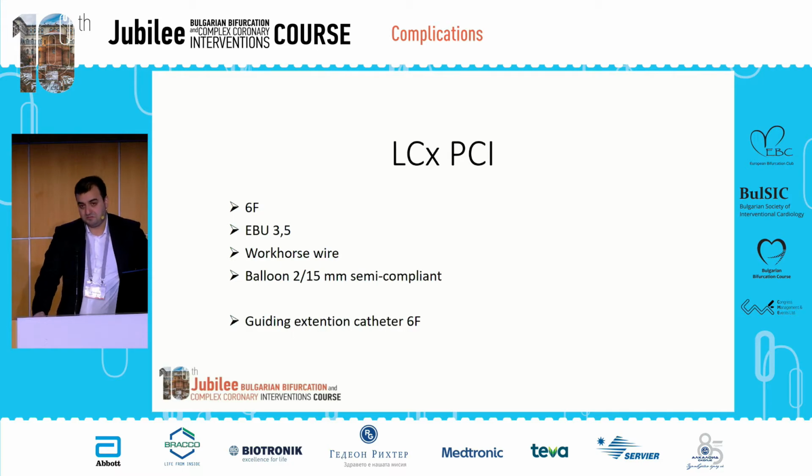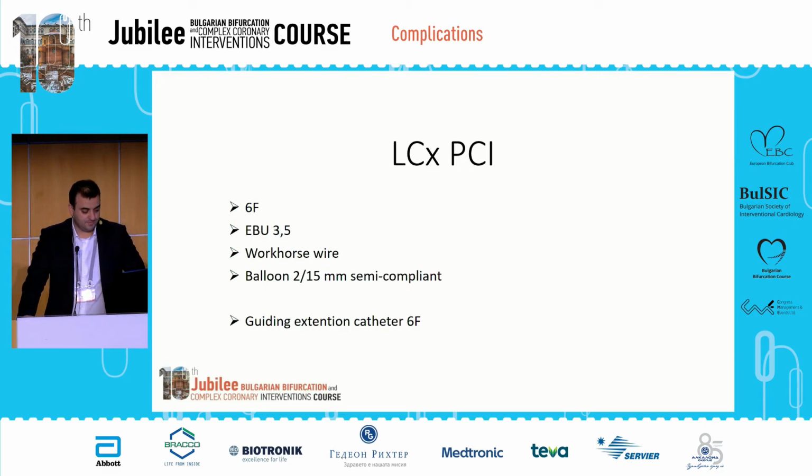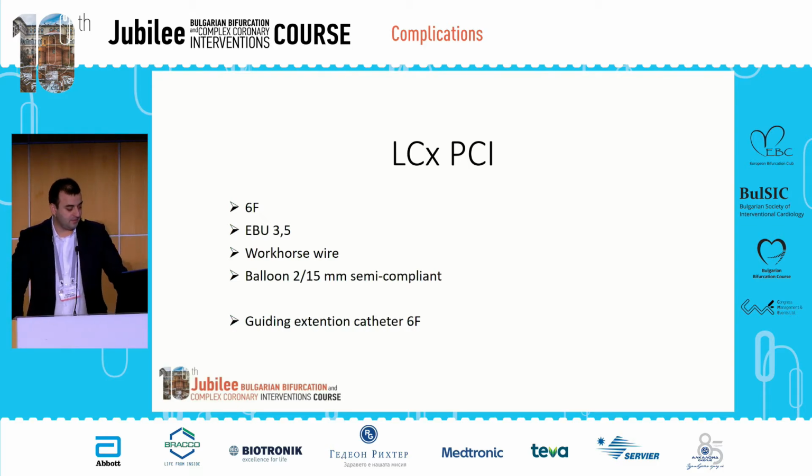We decided that it's quite easy. With a really low SYNTAX score, we could not discuss the surgical option with the surgeon. That's why we proceeded. Our usual approach is a 6 French radial approach with extra backup guiding and a 3-5 workhorse wire.